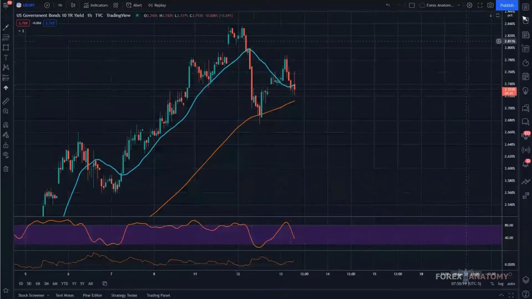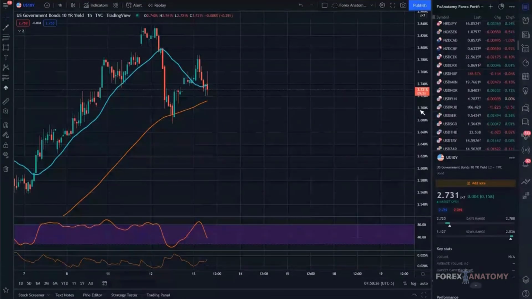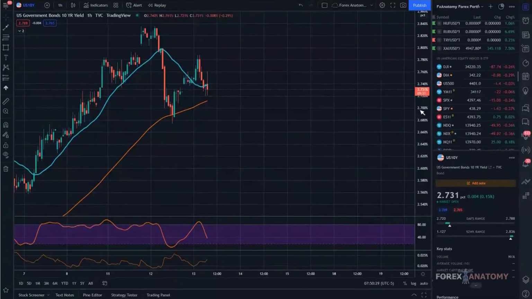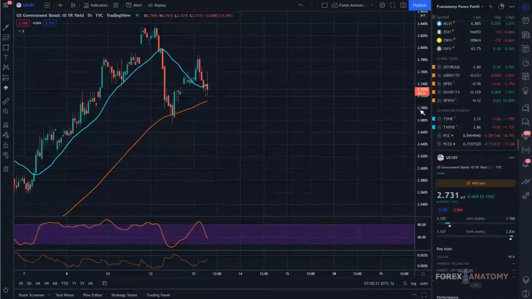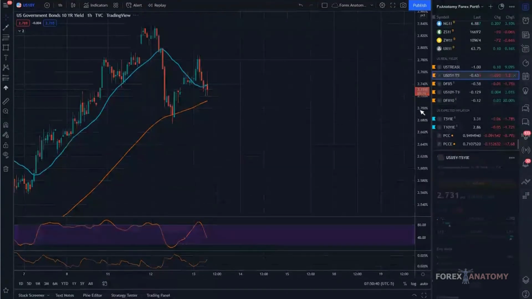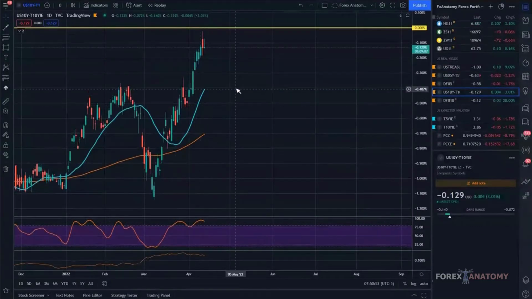When we look at real yields, let me go to a derivation of it. Let's go to the daily chart right here.